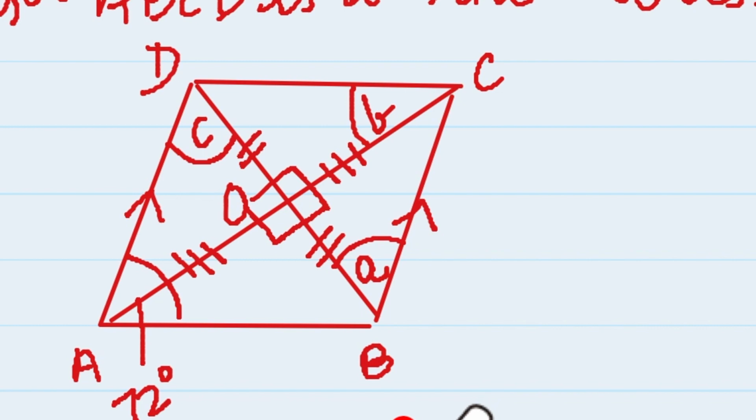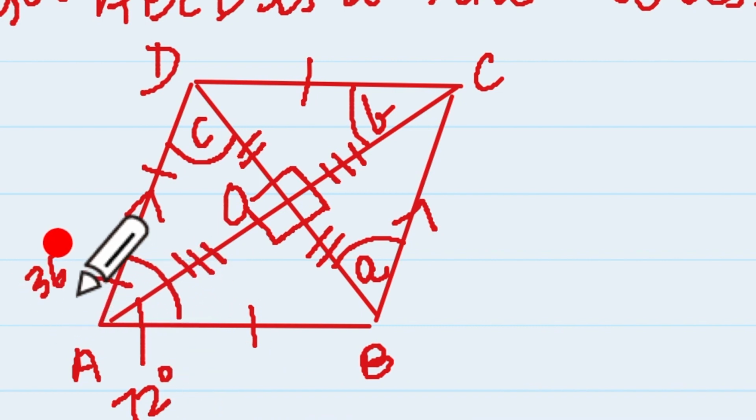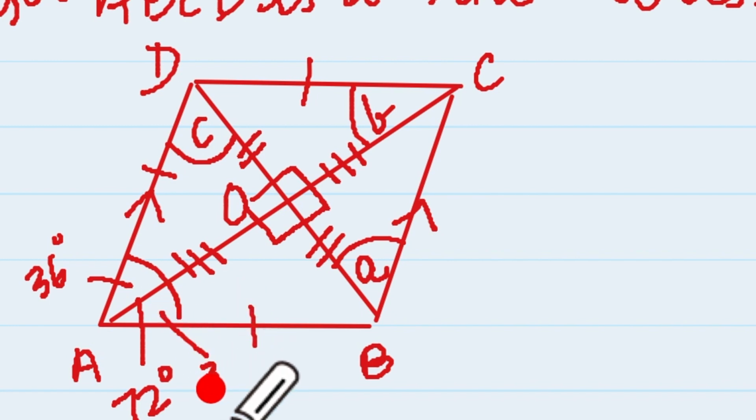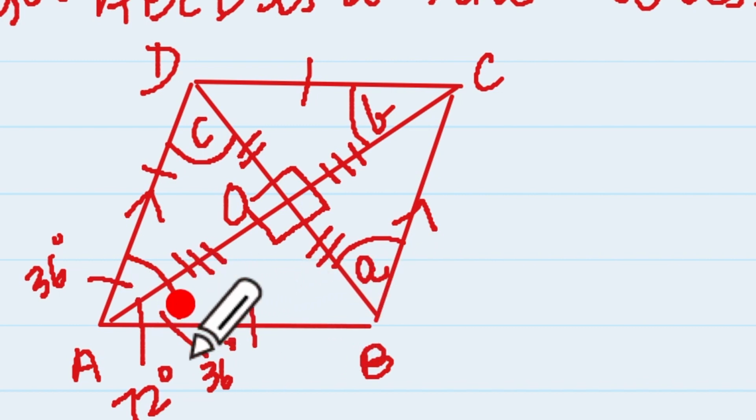Alright. So to begin with, we also know that all these sides are equal. Now if this is 72, then each one of this angle is going to be 36 degrees and 36 degrees. Okay. So to begin with, let us come to the fact that this AC is going to bisect angle A and BD is going to bisect this.